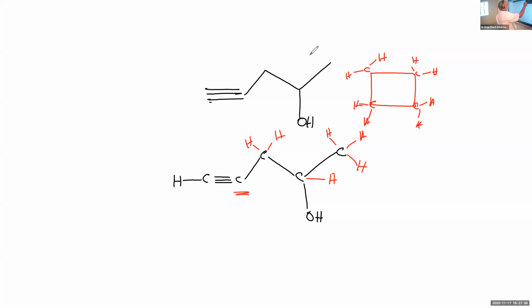Okay. Now let us see the classification of organic compounds. We have already classified organic compounds into saturated and unsaturated. Saturated means carbon-carbon single bonds only.